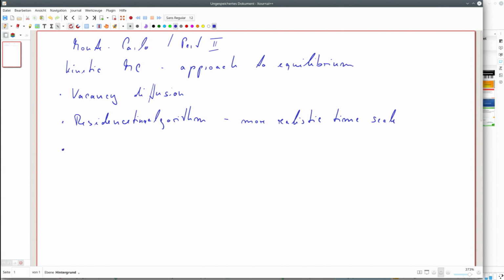And then finally, this will be talks this afternoon, and I already mentioned it, these very simple pair potentials or pair exchange energies, they are not describing a realistic system.